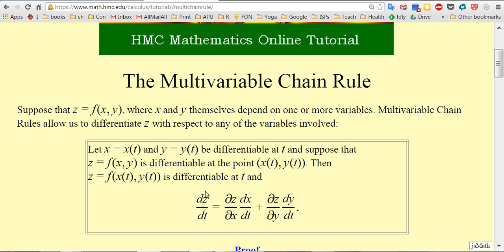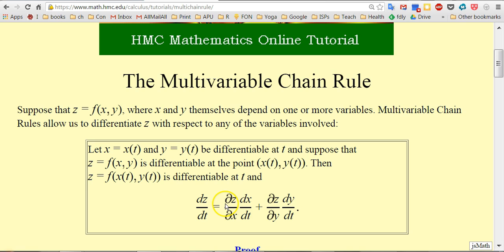And the chain rule tells us the answer to that in this way. It says that we can calculate it as the change in z with respect to x, and here we have to use a partial derivative, because z is not just a function of x, it's a function of x and y. So if we talk about the derivative with respect to x, we have to use the partial derivative.